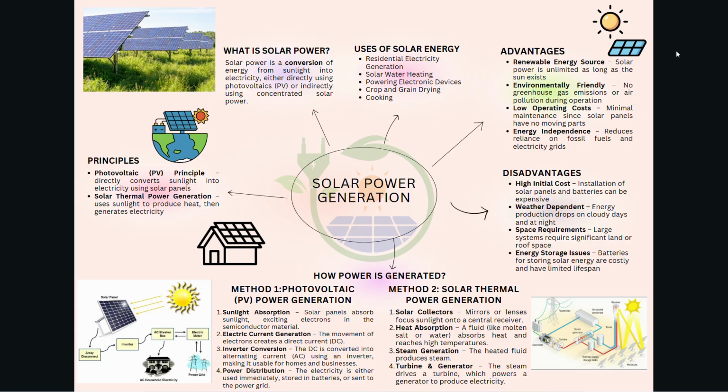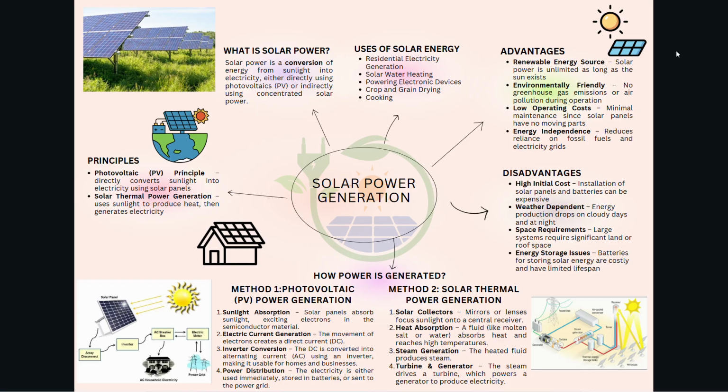And the next is space requirement. Solar power systems need a large amount of land or roof space. And the last one is energy storage issues. Batteries for storing solar energy are costly and have a limited lifespan.